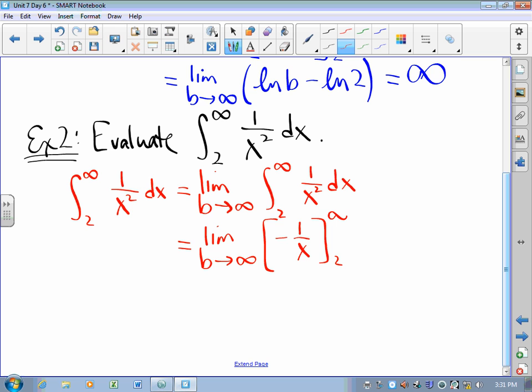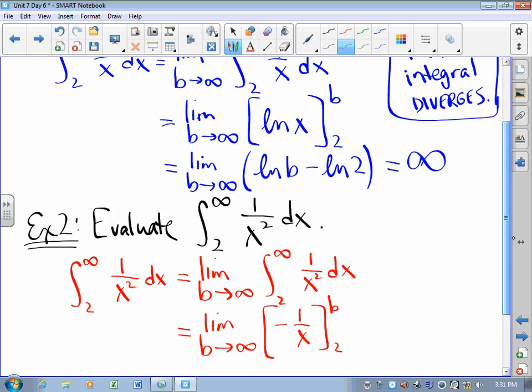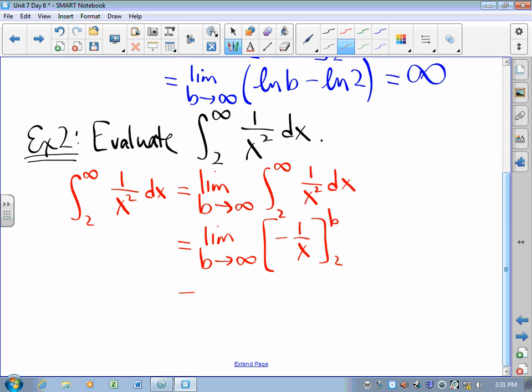The antiderivative of x to the negative 2 is x to the negative 1 divided by negative 1. That's negative x to the negative 1. That's negative 1 over x. Oh, sorry, that's a b. Was it a b up top? It was. Okay, good. Now you don't have to yell at me tomorrow about that.